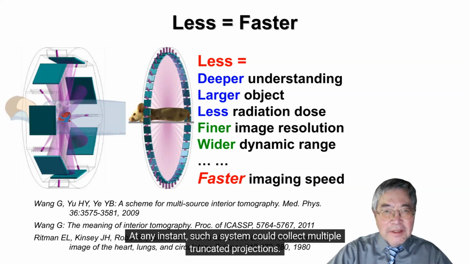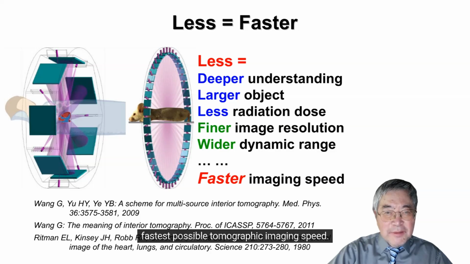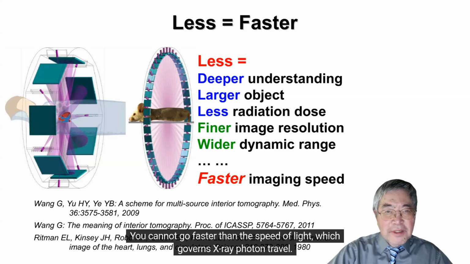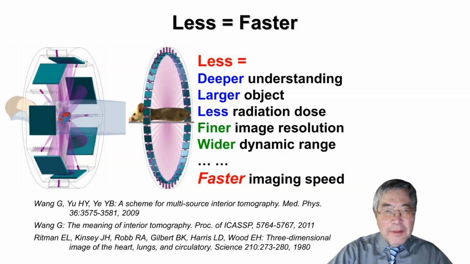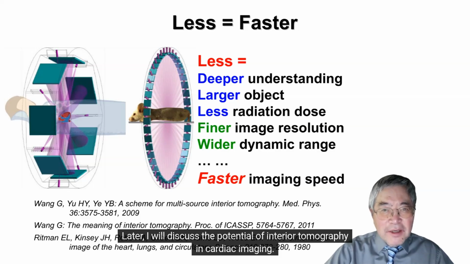At any instant, such a system could collect multiple truncated projections. Handling data truncation like this allows reconstruction focused on small regions of interest, achieving the fastest possible tomographic imaging speed. You cannot go faster than the speed of light, which governs X-ray photon travel. We filed for intellectual property on this concept at Virginia Tech. Later, I will discuss the potential of interior tomography in cardiac imaging.